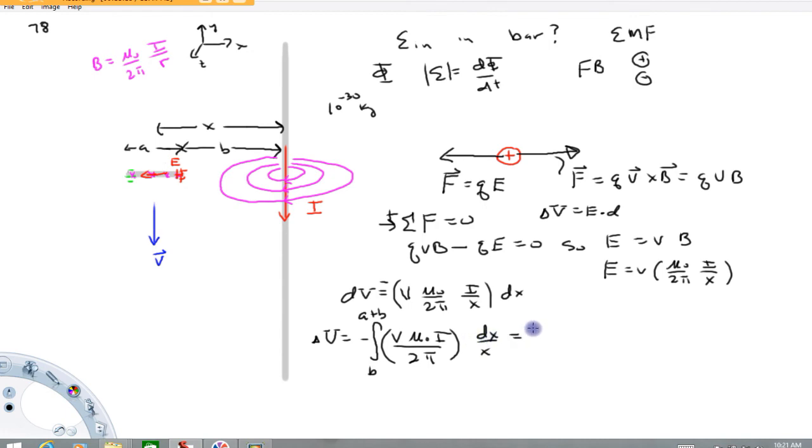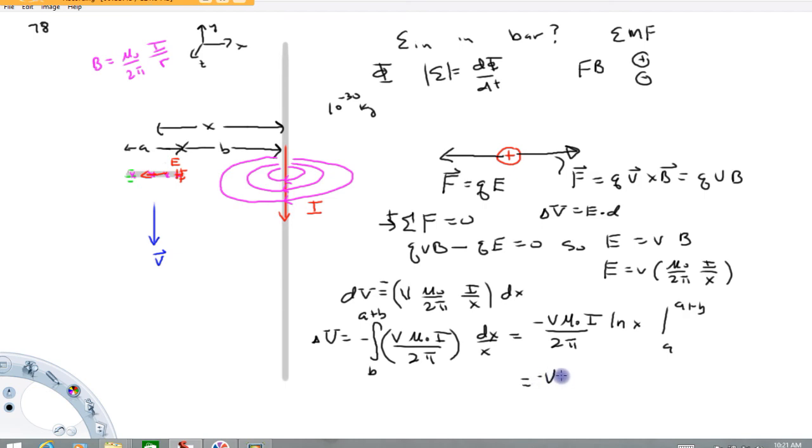All right, anything constant can come out in front. And then the integral of 1 over x dx is logarithmic. That's a natural log function. That's going to be natural log x, evaluated from a to a plus b. Now, where we put the minus sign, it doesn't really matter. In this particular one, I would just advise we just leave it out front.